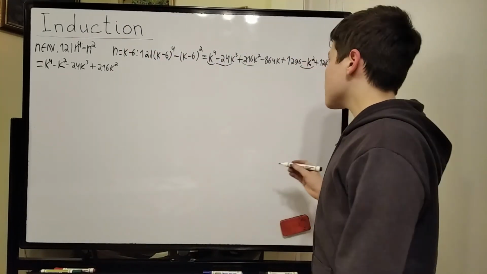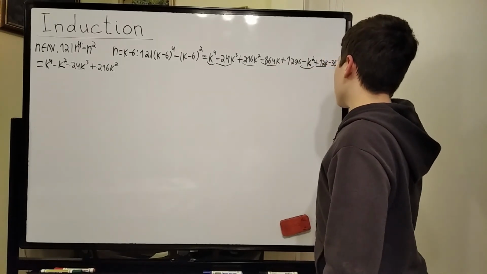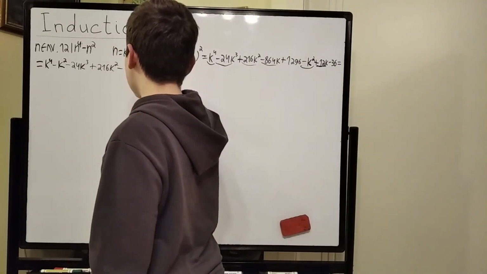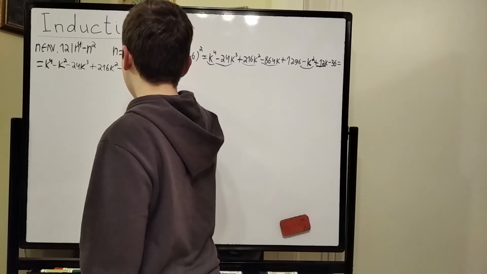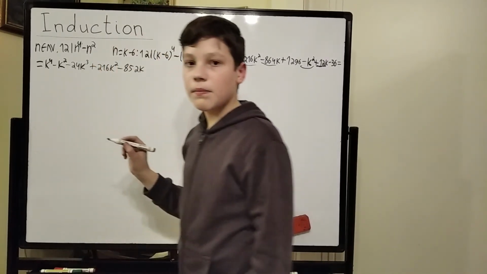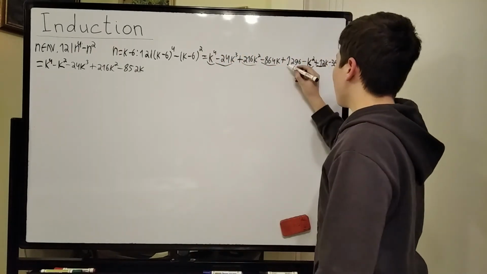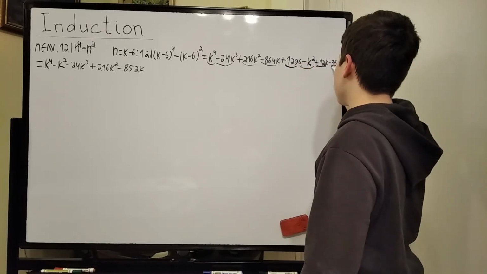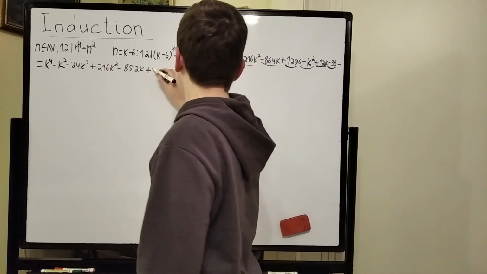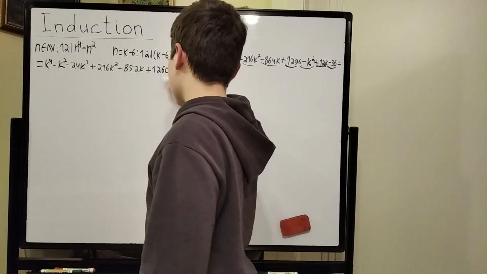Next, for the k terms, we have negative 864k plus 12k. So that will get us negative 852k. Then, for the constant terms, we have 1,296 minus 36. So that'll give us plus 1,260.